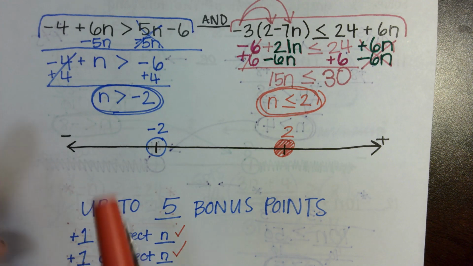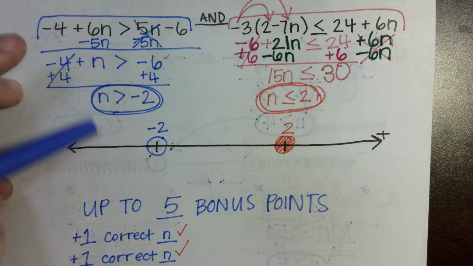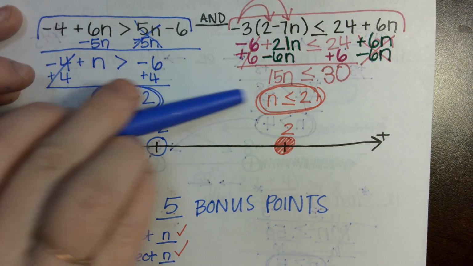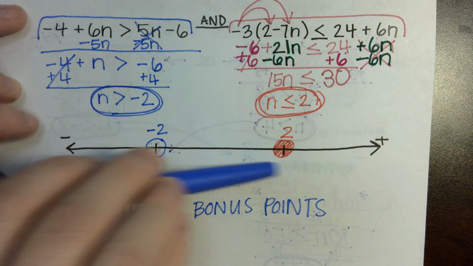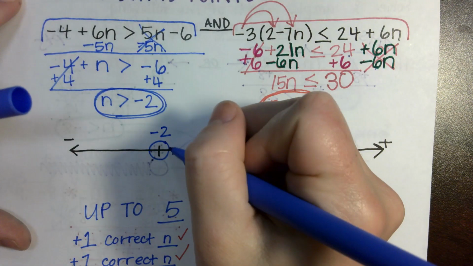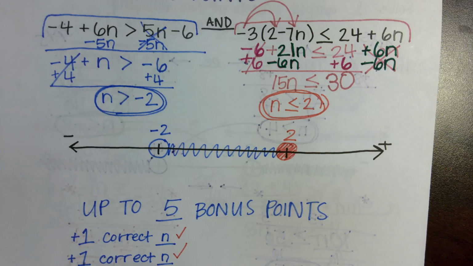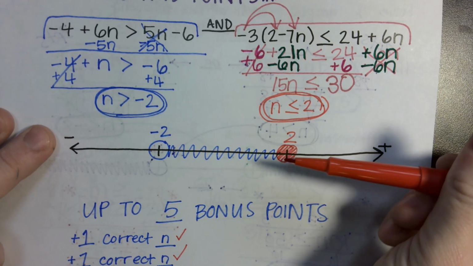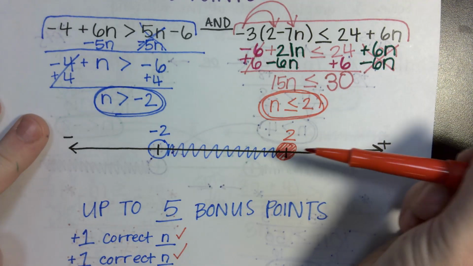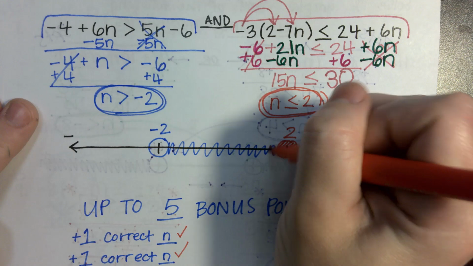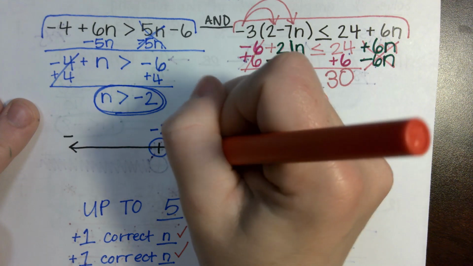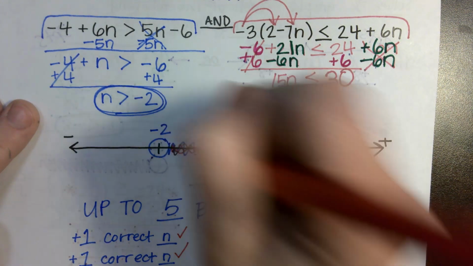Both to the middle. I've got n is greater than -2, so I'm shading to the right where the numbers are bigger. And I've got n is less than or equal to +2, so I want to shade to the left where numbers are less or smaller. So there's going to be shading in the middle.